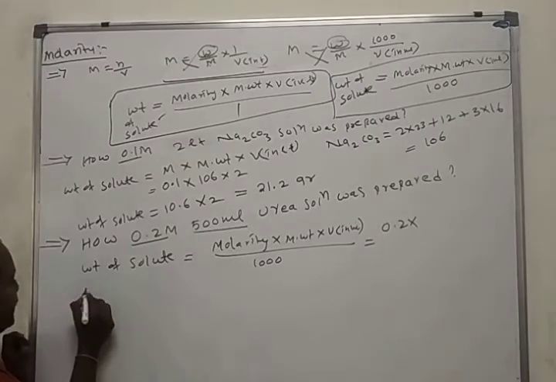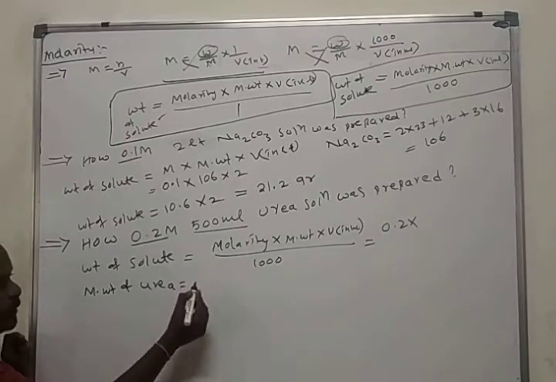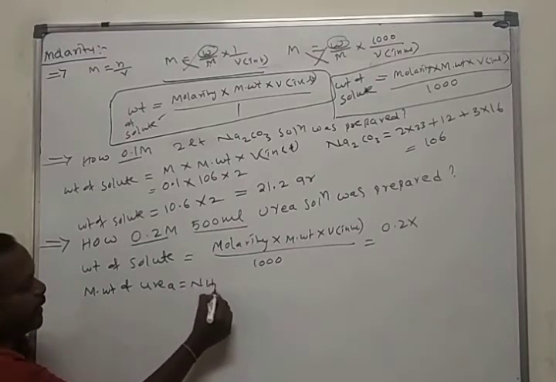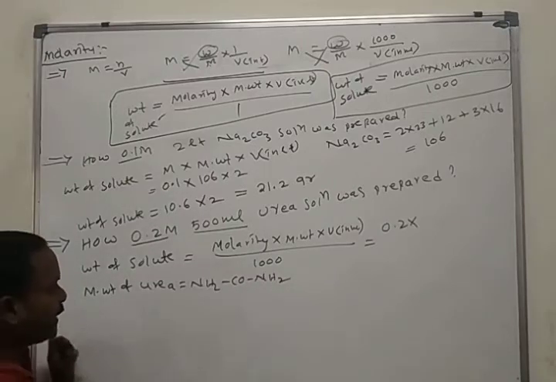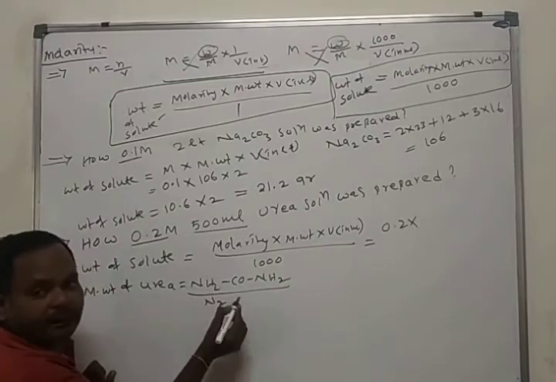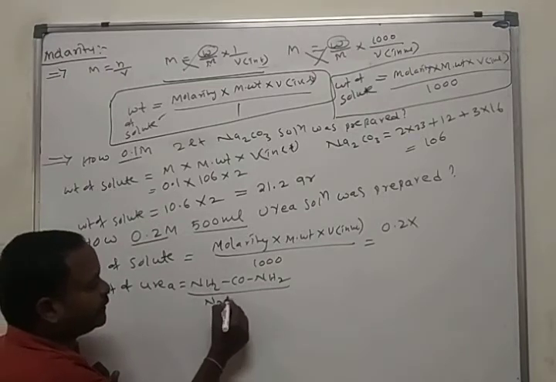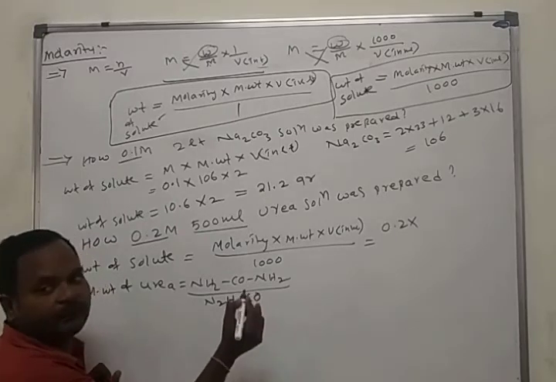Here I am calculating the molecular weight of urea. What is the formula of urea? NH2 CO NH2. Just write this formula. How many nitrogens are there? 2 nitrogens. How many hydrogens? 4 hydrogens. How many carbons? 1. How many oxygens? 1.